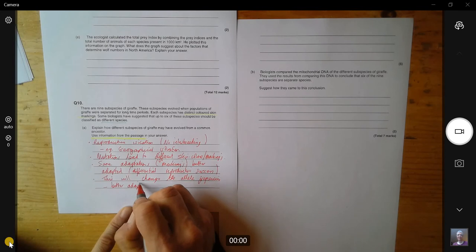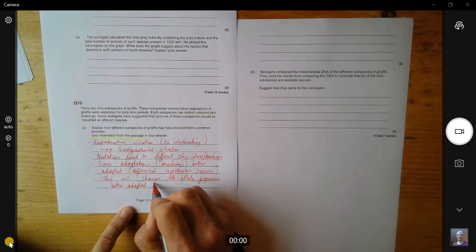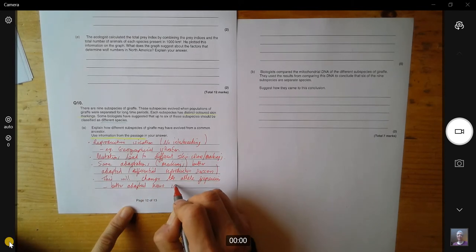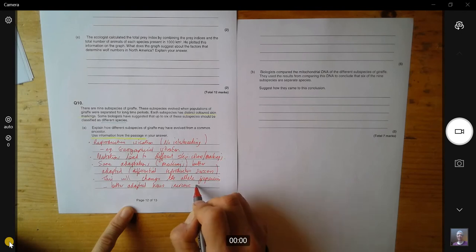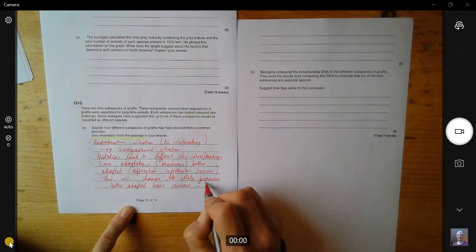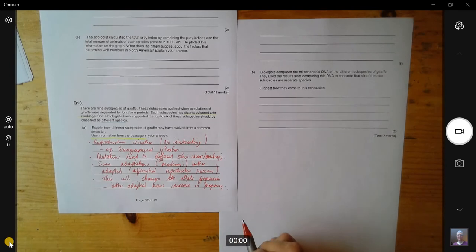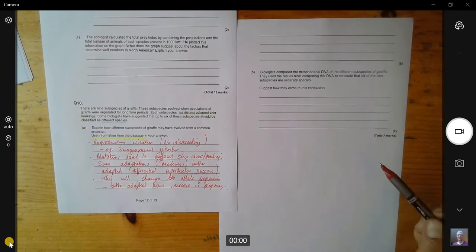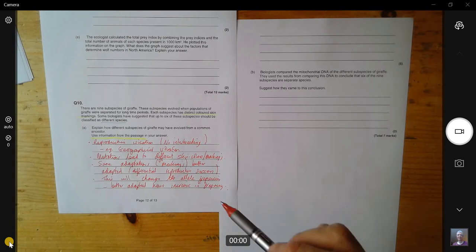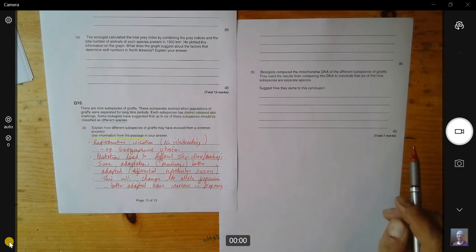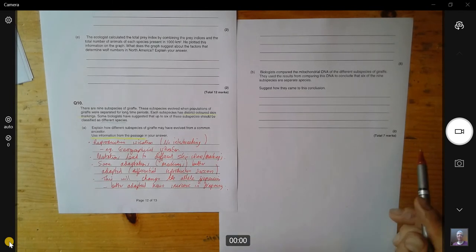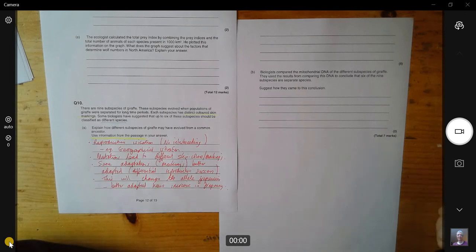Better adapted have an increase in frequency. So that's where those 5 marks are allocated. You might put more information about natural selection in there, but that's what they're wanting on that occasion.